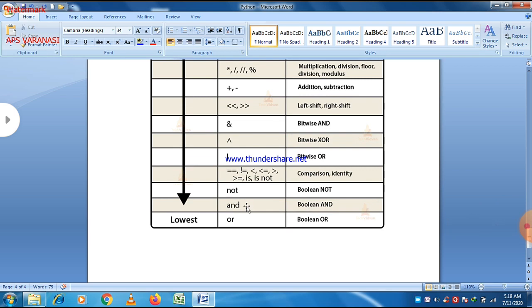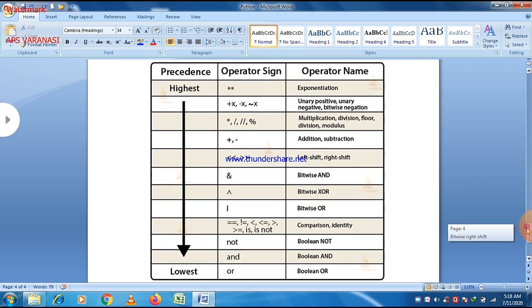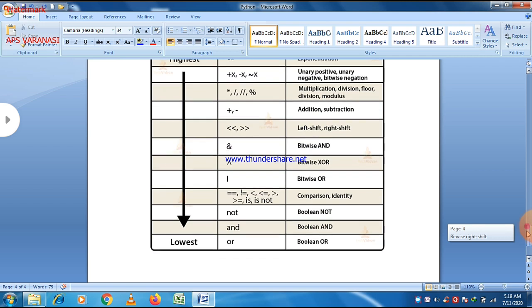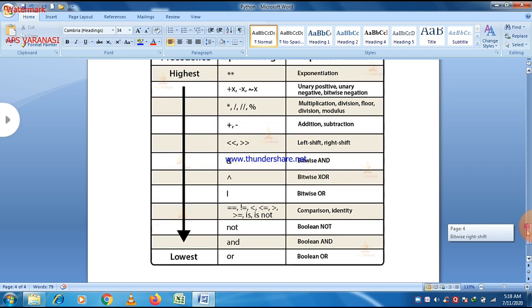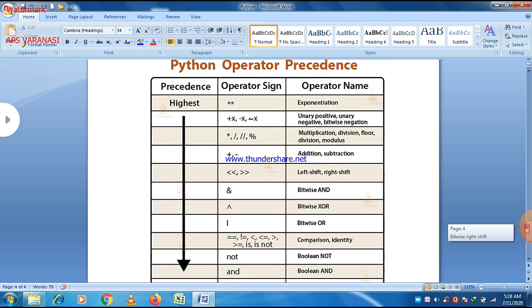So this is the precedence of different operators, you can see that. And the lowest precedence belongs to the assignment operators, meaning at last we perform the assignment operation, which is actually not given in this question.